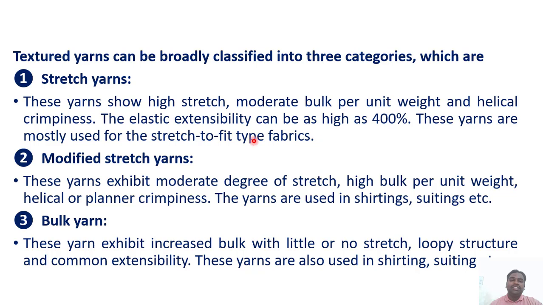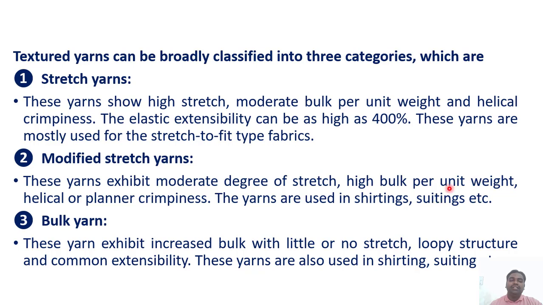The second type of texturized yarn is modified stretch yarn. These yarns exhibit a moderate degree of stretch but a higher bulk per unit weight, and could have helical or planar crimpiness. This yarn can be used for shirting and suitings.